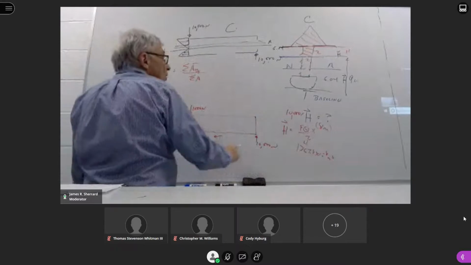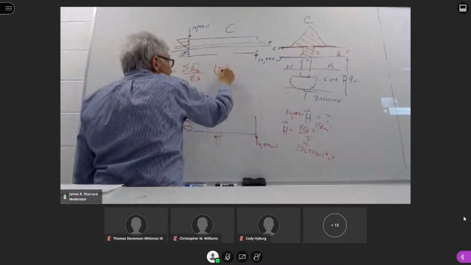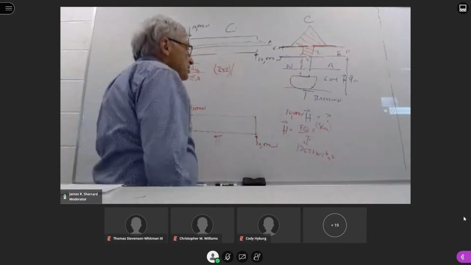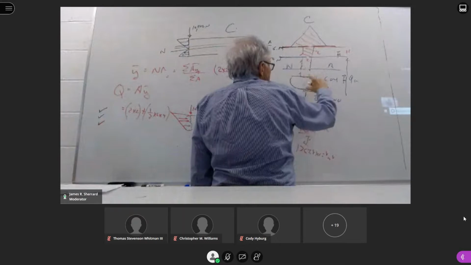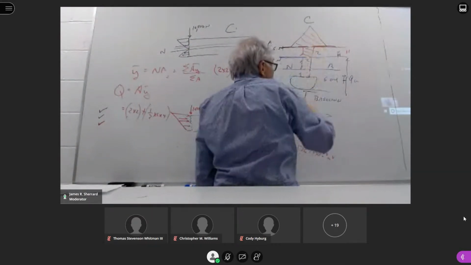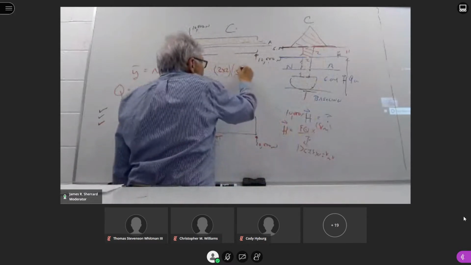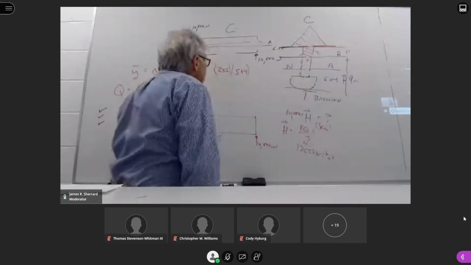Okay. So if I look at this little section, that area is 2 times 2. And what is its centroid? It takes you 5 to get to here. This is 6, but it's down 2, so it's 4. So that's going to be 5 plus 4.